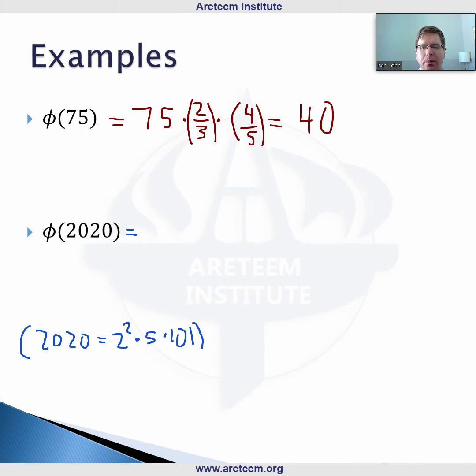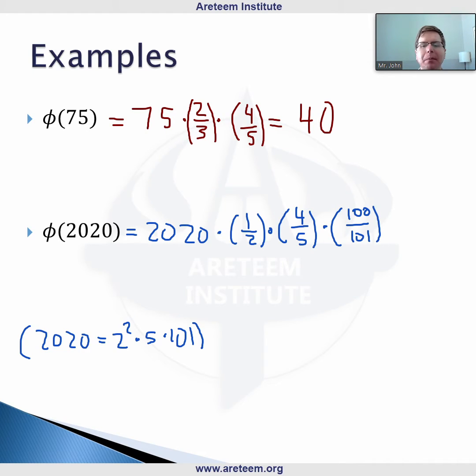So here we have 2020, the full number, and we multiply this by 1/2 because our prime factorization includes 2. We multiply by 4/5 because our prime factorization contains a 5, and we multiply by 100 over 101. So we have 100 over 101 here.